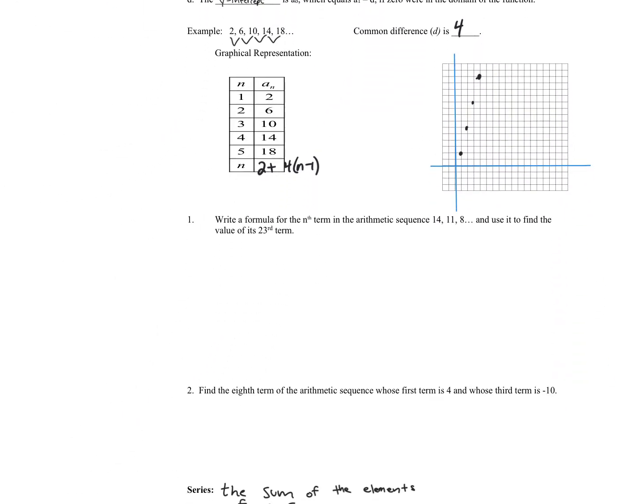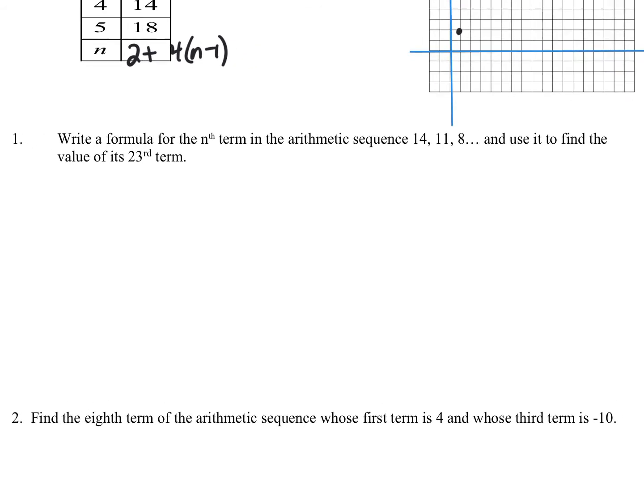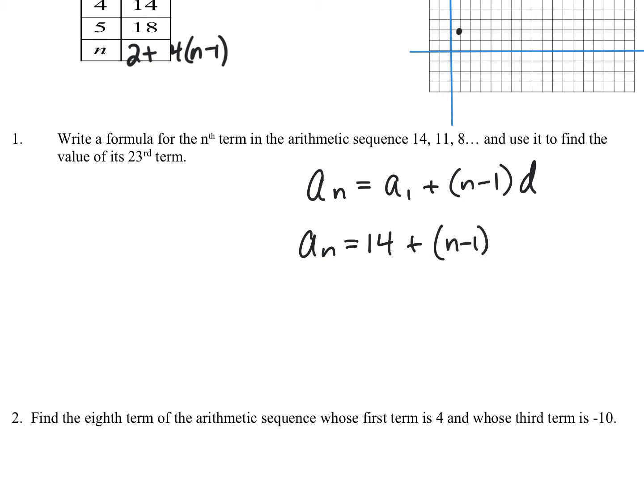So let's look at some examples. Number 1, they're asking us to write a formula for the nth term in an arithmetic sequence of 14, 11, 8, and so forth, and then find the 23rd term in this sequence. Well, I know that the general form is a sub n equals the first term plus n minus 1 times our common difference. In this case, our first term is 14. We're still going to use n minus 1, and we're going to multiply that times our common difference, negative 3.